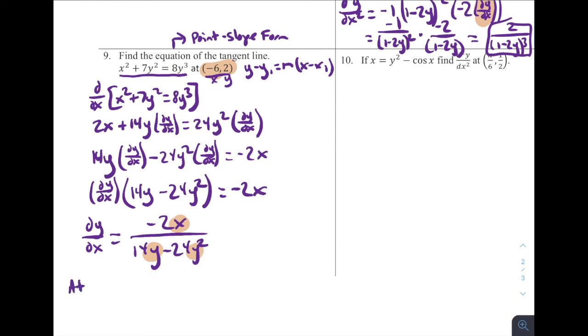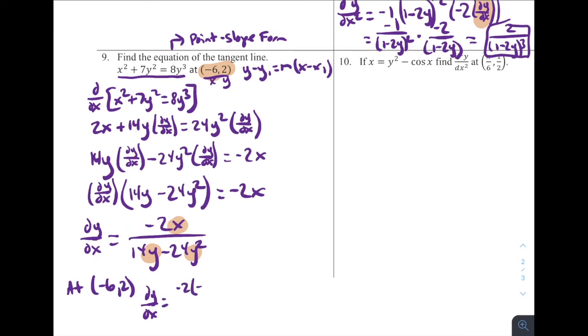So at negative 6, 2, dy dx is equal to negative 2 times negative 6 divided by 14 times 2 minus 24 times 2 squared. So that's going to be equal to 12 over 28 minus 96.